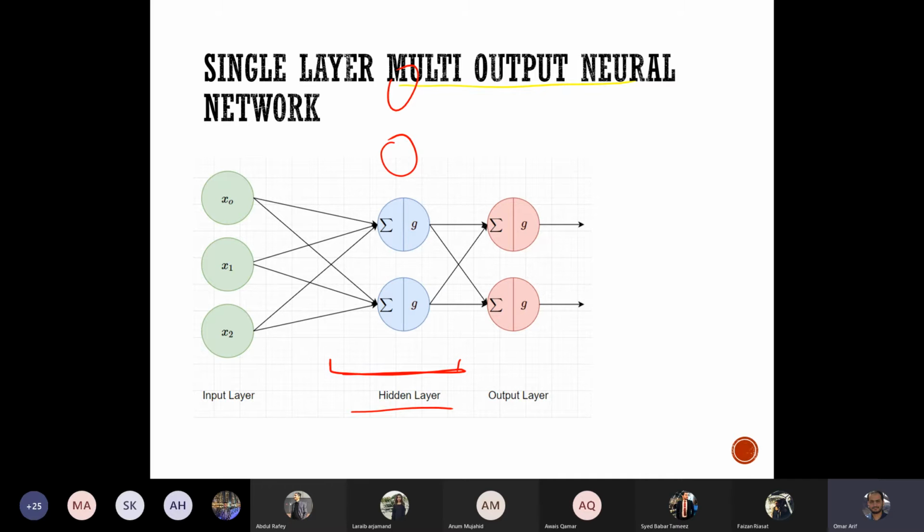And when we talk about deep learning, what we are basically referring to is the number of hidden layers that you have. The more hidden layers you have, the deeper your network is, and the depth of the deep learning algorithm depends on the number of hidden layers.